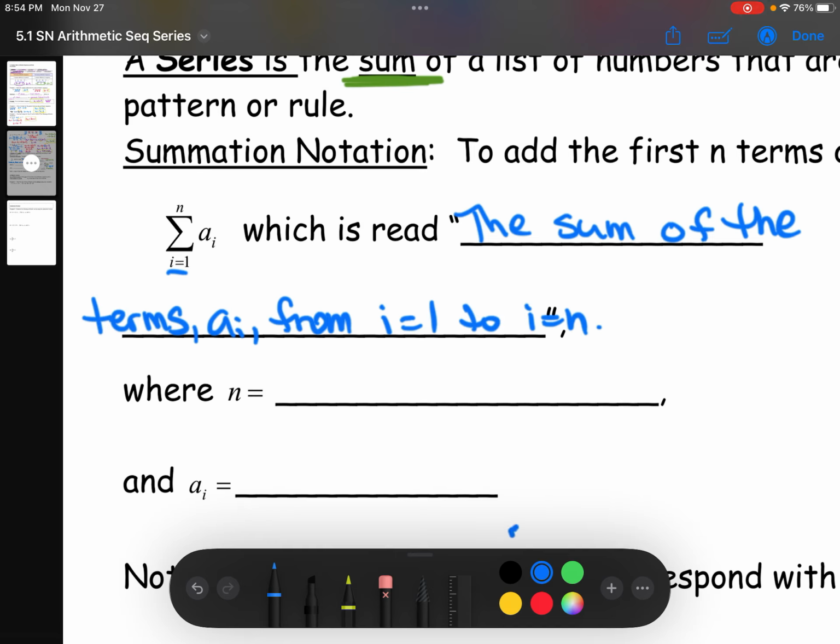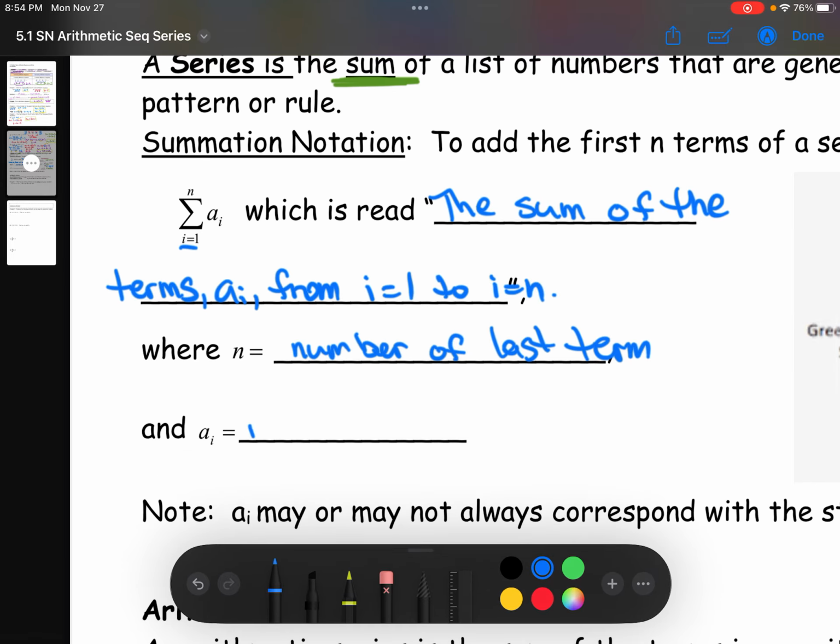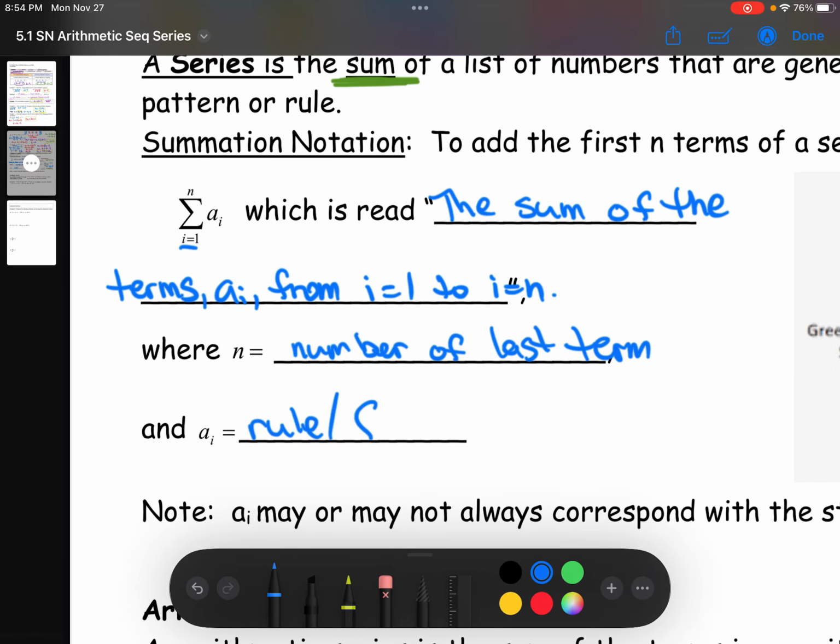n on top represents the number of the last term, not the value, but the number. a sub i is the rule or the formula, the general rule or the general formula.